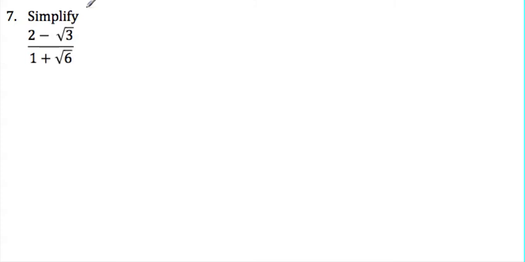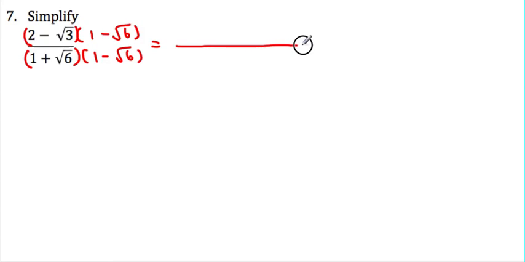Now when you want to simplify a fraction with irrational numbers, we have to look at the bottom one and then make sure we multiply by its conjugate. So the bottom one, when you multiply by FOIL, we get 1 times 1 equals 1.